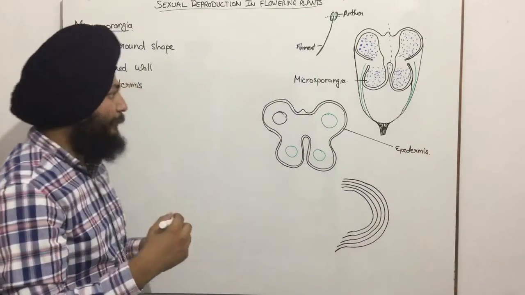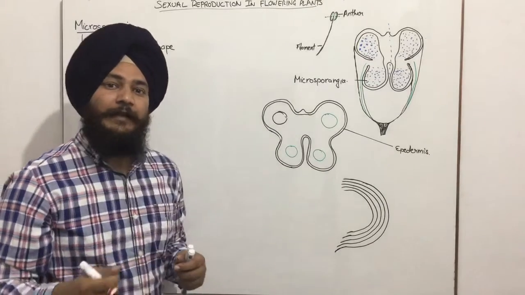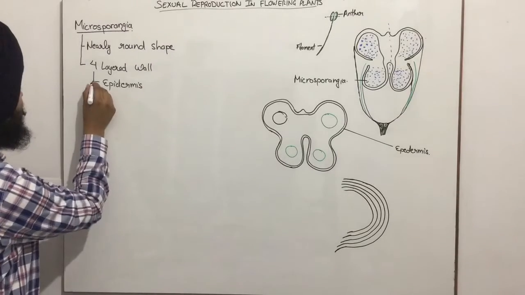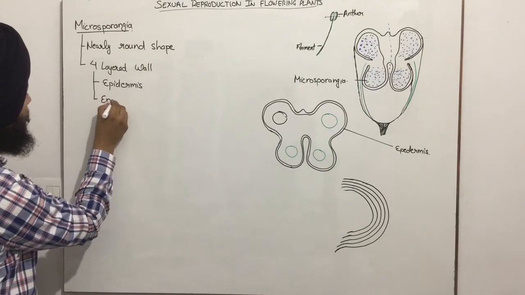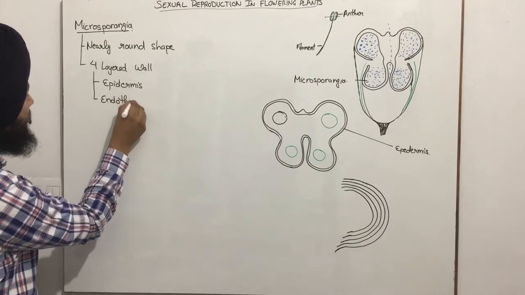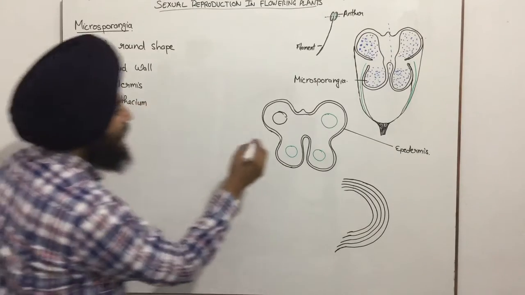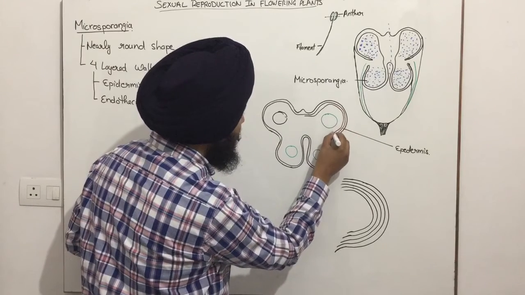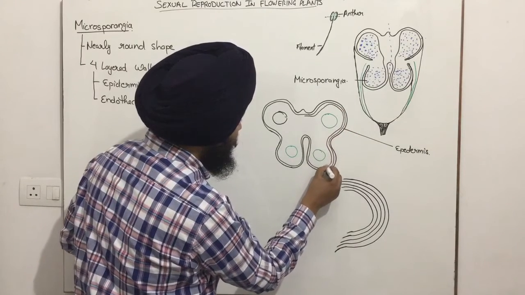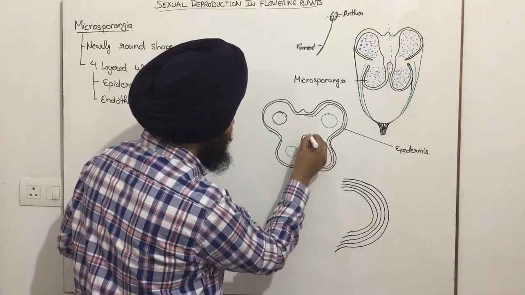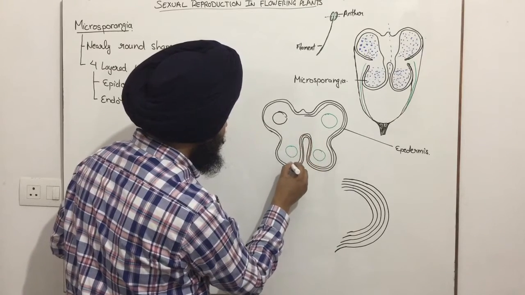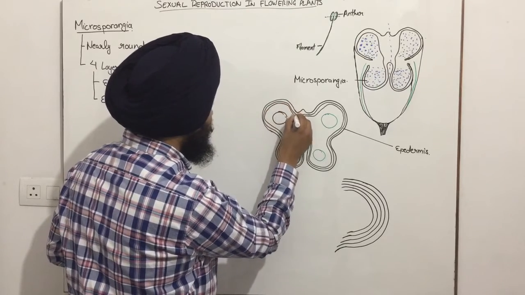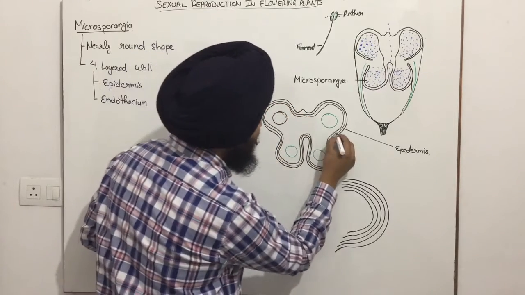And inside the epidermis we have the second layer, that is the endothecium. So here we have the second layer.